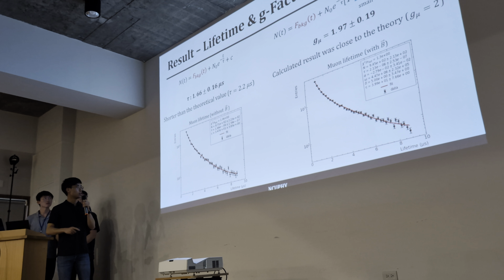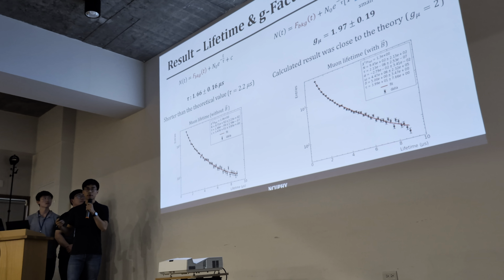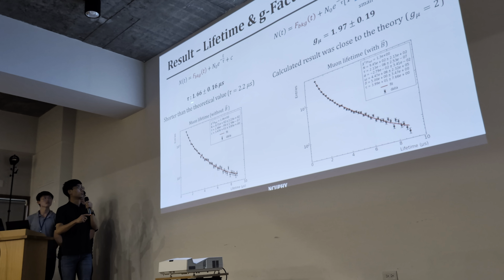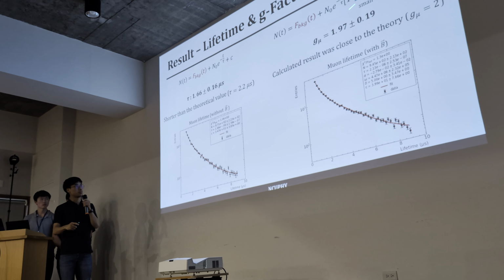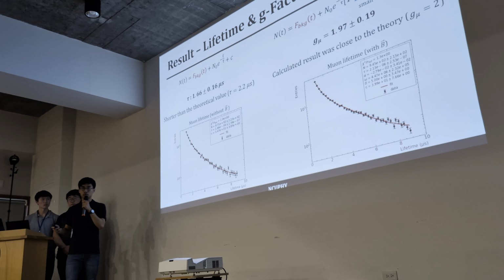So you can see when we consider the background effect, the fitting line and our data are better matched. And the lifetime we got was 1.66 microseconds, which is a little shorter than the theoretical value. The difference might be due to the sample size not being large enough. In the case with the magnetic field applied, we expect there should be a small oscillation in our distribution.